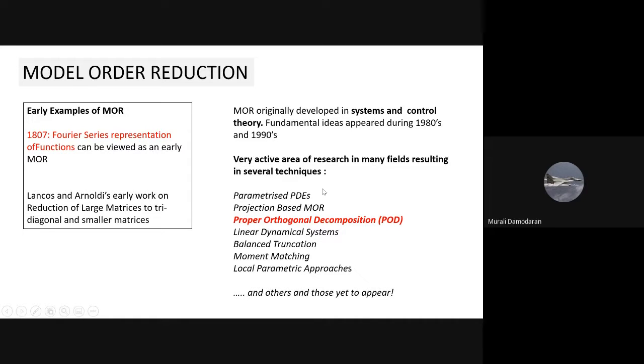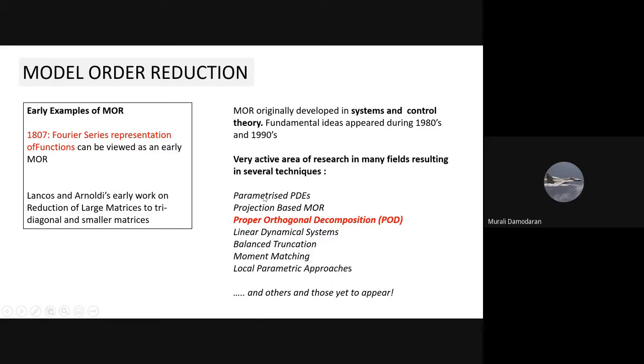Over the years, there are a number of techniques that fall under this overall thing called model order reduction. I'm listing some of them. We are not going to cover all of this. That may be done in the future if we develop new dedicated courses in the era of machine learning.